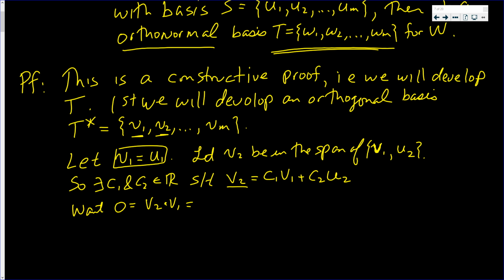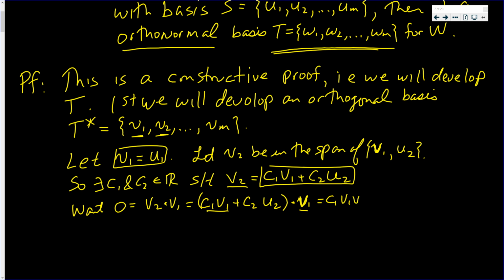Now, V2 is this: C1 V1 plus C2 U2, dotted with V1. So we have this dotted with that. That's going to be C1 V1 dotted with V1 plus C2 U2 dot V1.